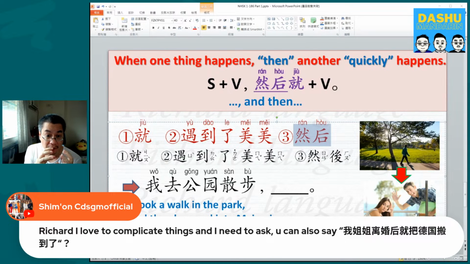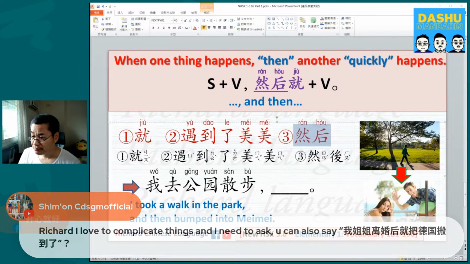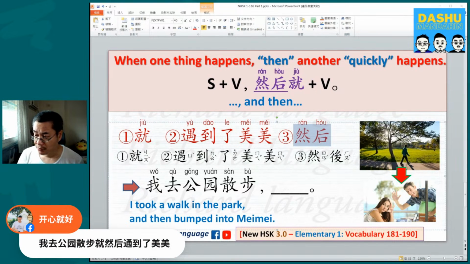So 把德国搬到了 means you move Germany to somewhere, and I also don't know where, because after 搬到了 I would add an object, like 搬到了美国, 搬到了日本. Move Germany to Japan, move Germany to the US. That's definitely wrong, right?